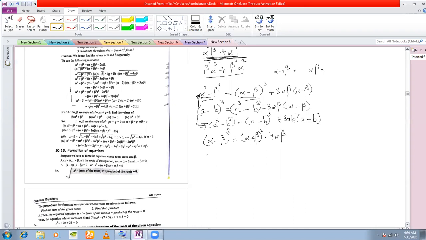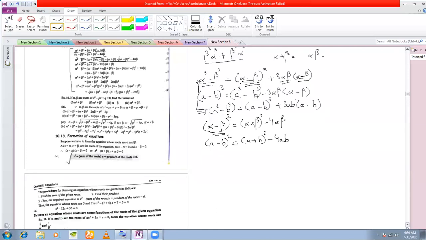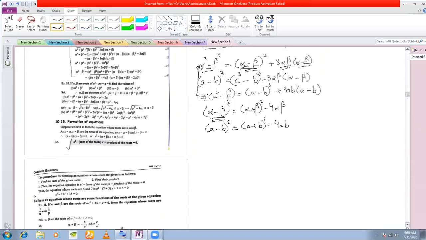This is because a minus b whole square is equal to a plus b whole square minus 4ab. If you don't know, then please memorize. From here, I'll be able to find the value of alpha minus beta, and once I find it, I'll simply put it in these two. And alpha beta, obviously, I know. So I'll work out some problems to show you this. I hope this is clear.